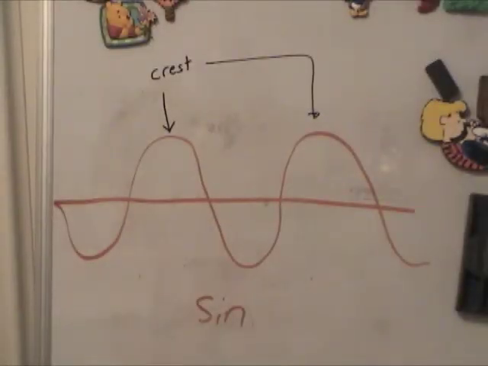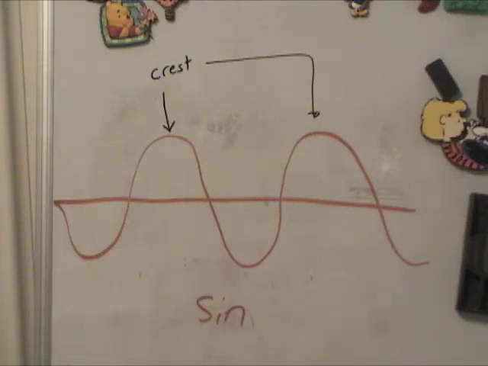So you have a crest and a wave, and that crest is the very top point of the wave. This drawing is of a wave, and for those who are really geeky, this is also a drawing of sine of x, graphed, obviously.